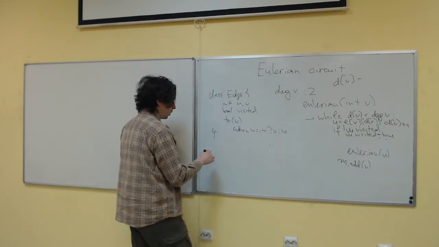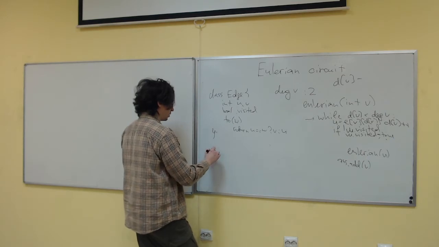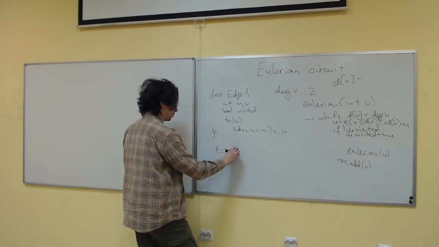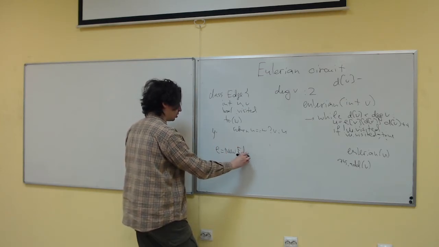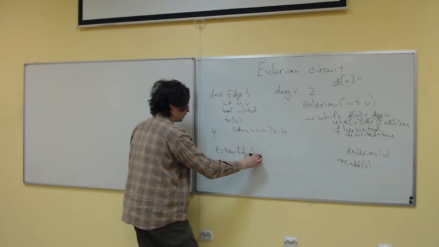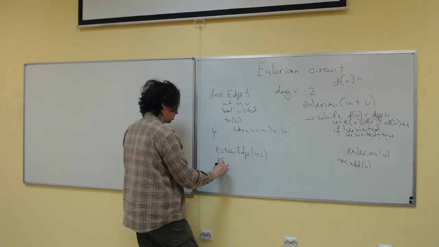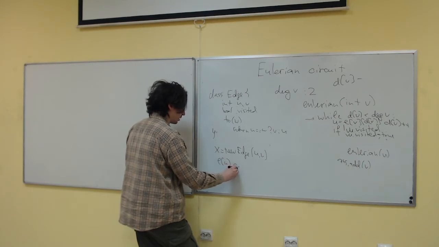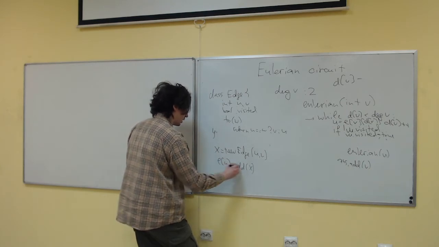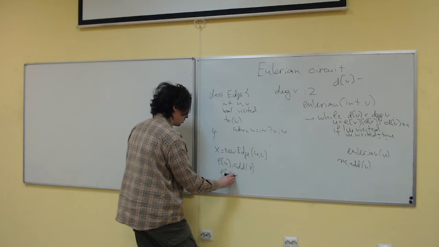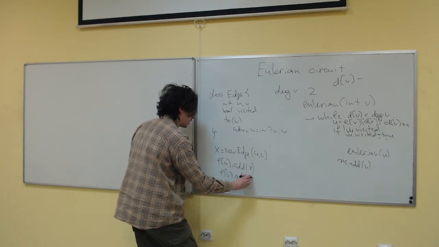And then when you create an adjacency list, you create a new edge of uv, and then you say e of u dot add x and e of v dot add x.